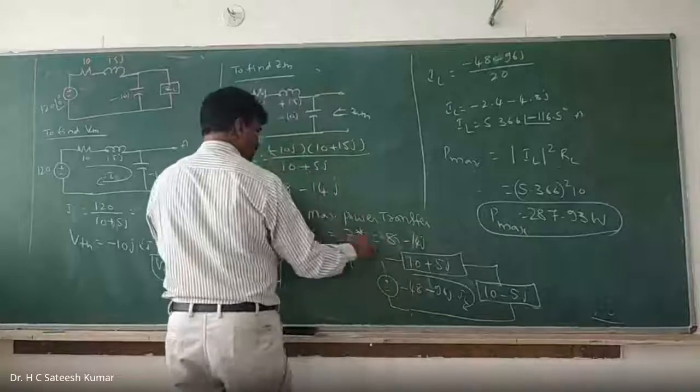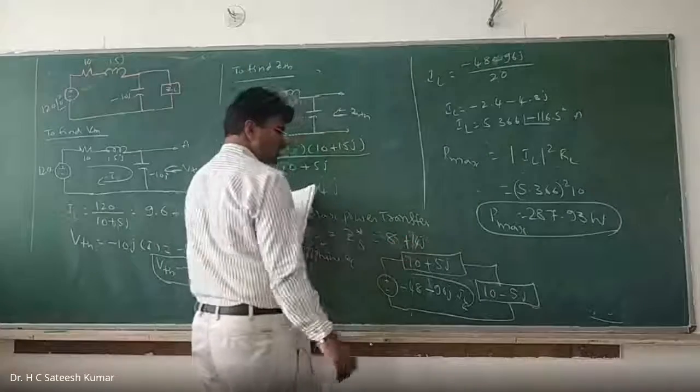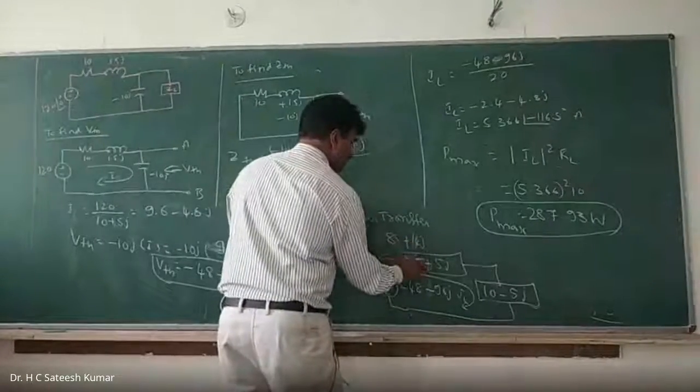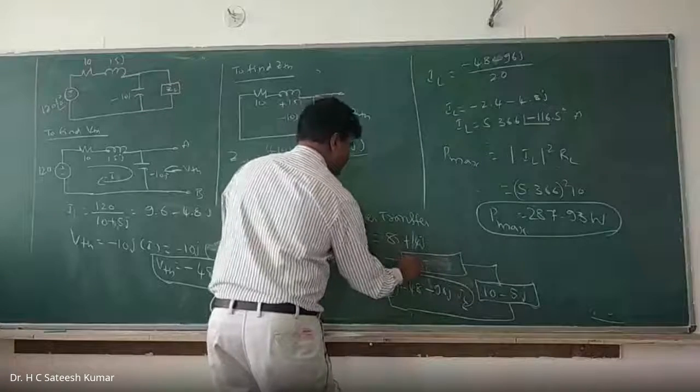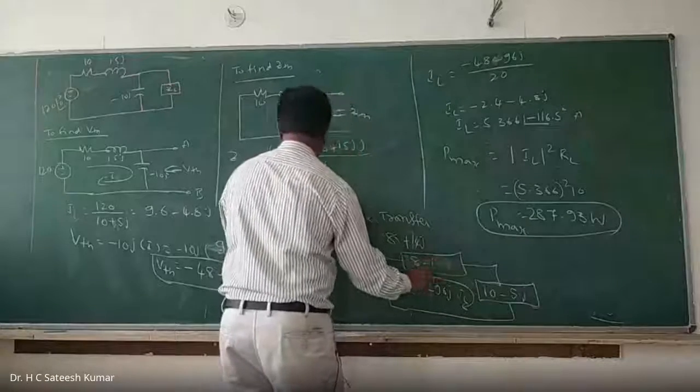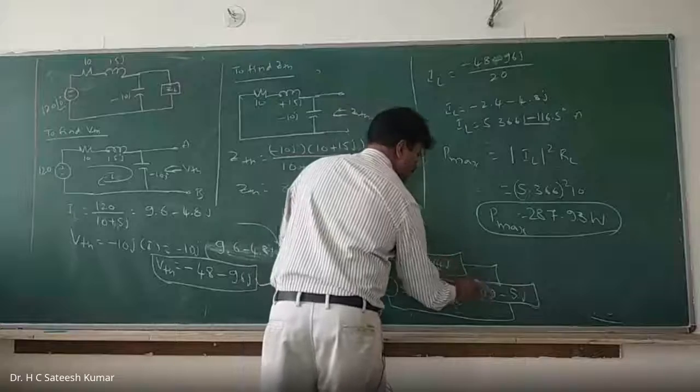So 8 minus 14J means Z star is 8 plus 14J.